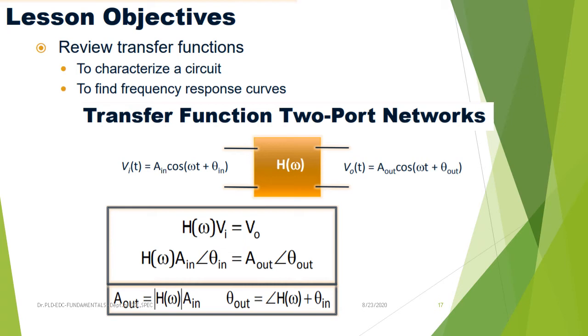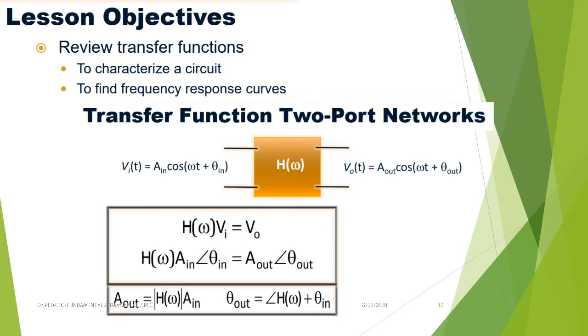Similarly, how do we denote the output voltage for this two-port network? V naught, where naught indicates output. V naught of t is equal to A_out, the magnitude of the output voltage waveform, times cos(omega t plus theta_out). Theta_out indicates the phase of the output waveform.